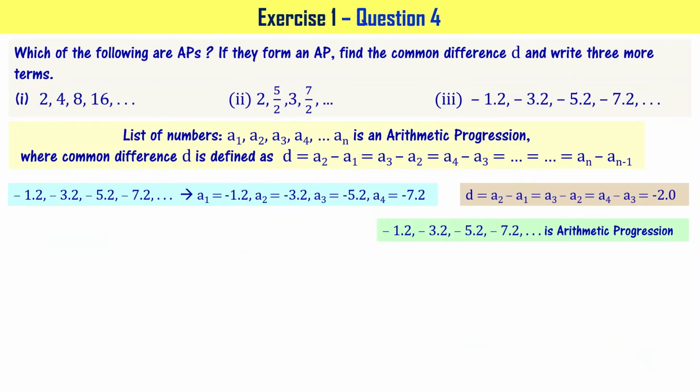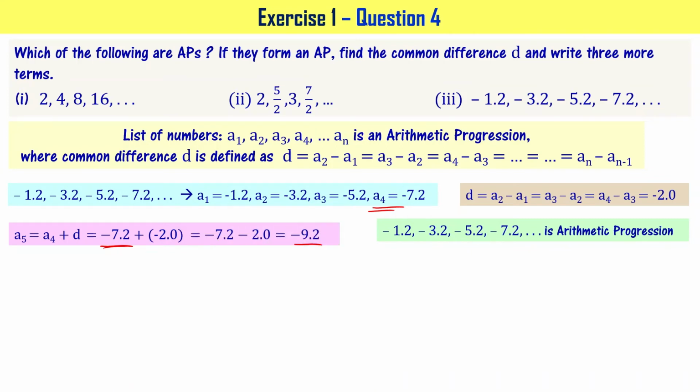Let's write that. So we have up to 4th term, A4, right? Now let's write A5, that is A4 plus D, right? That is minus 7.2 plus minus 2.0. That is going to be minus 9.2, right?